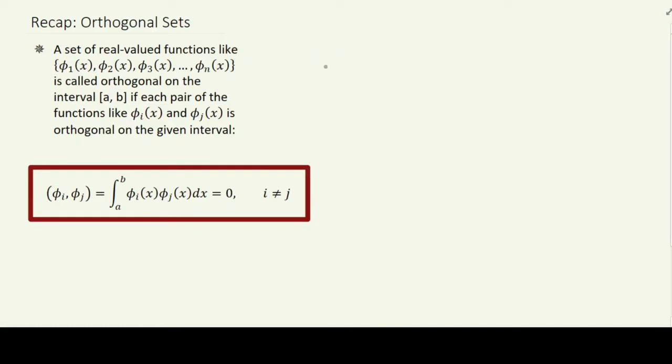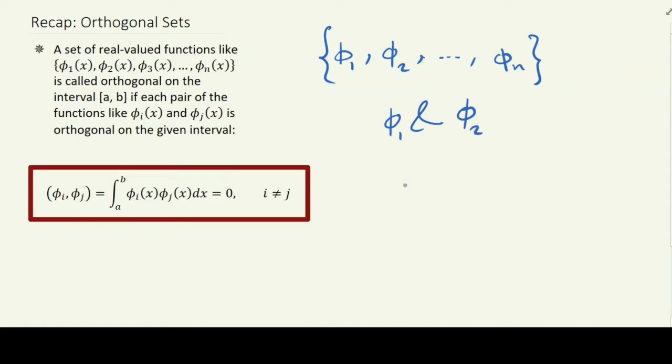So that means if you have a set of functions like phi1, phi2, phi3 all the way to phi n, then for each pair of functions that you can pick from this set, for example phi1 and phi2 or phi1 and phi3, etc., if all of those pairs of functions are orthogonal, then you would call this set to be orthogonal, right?